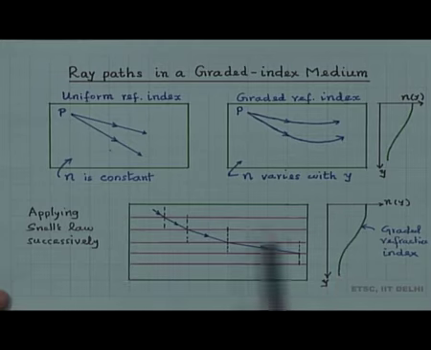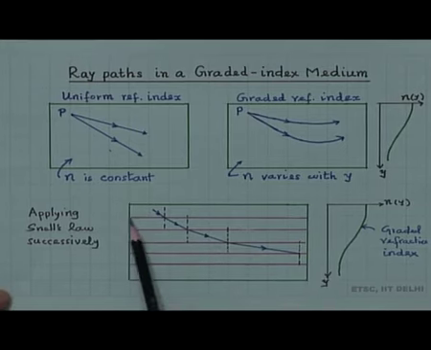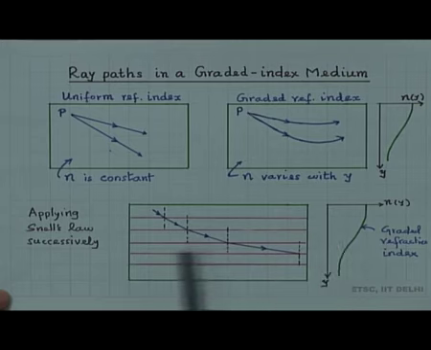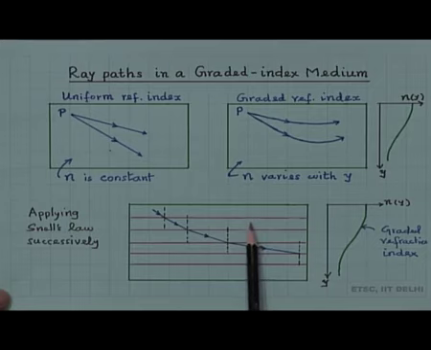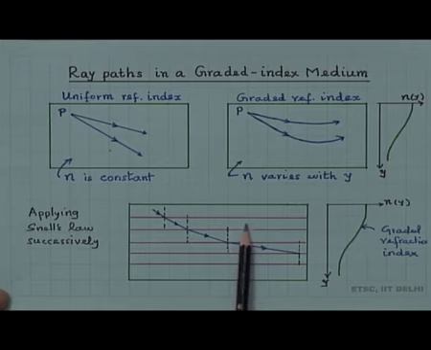If we consider this medium to be stratified, comprising a number of uniform layers, each layer has a uniform refractive index, but this layer is of higher index compared to this layer, and this layer is of lower index compared to the refractive index of this medium. What would happen?